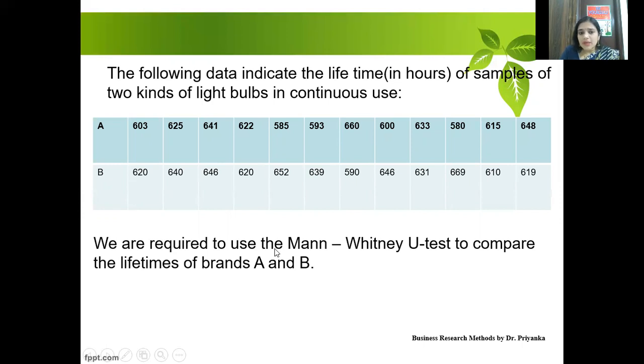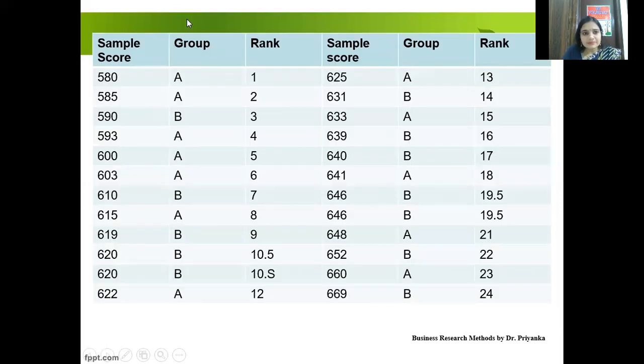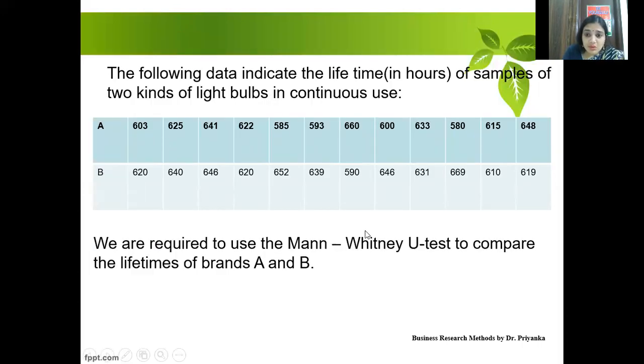Now we are required to use the Mann-Whitney test to compare the lifetimes of brands A and B. What will we do? We will assign ranks to all the values. We have mentioned all the lifetimes in ascending order.